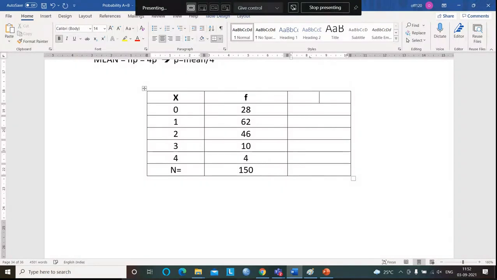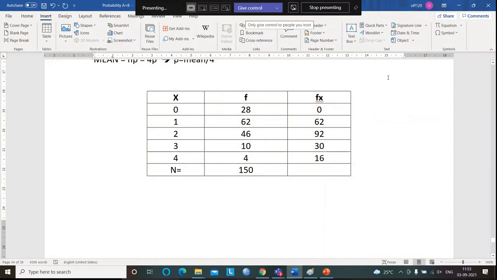Now, what is the other thing I need to find mean? Here f into x. That means 0 into 28 is 0, 62 into 1 is 62, next 46 into 2 is 92, next 10 3s are 30 and 4 4s are 16.